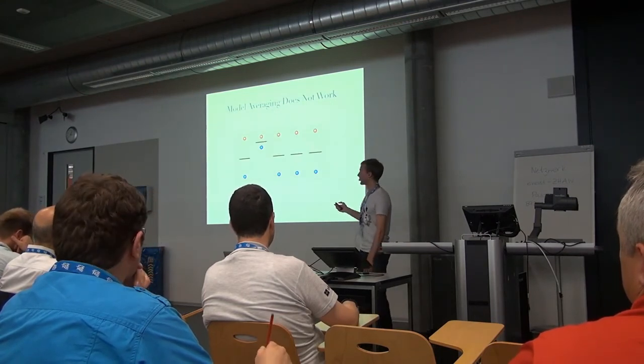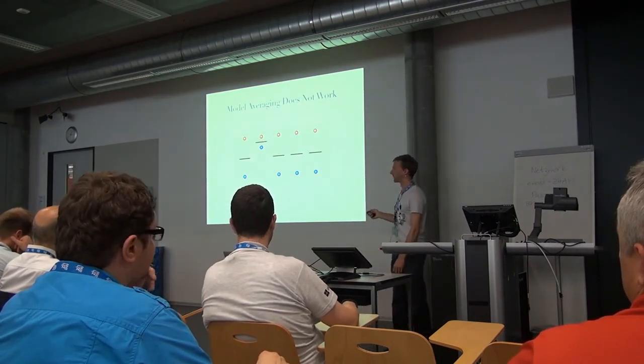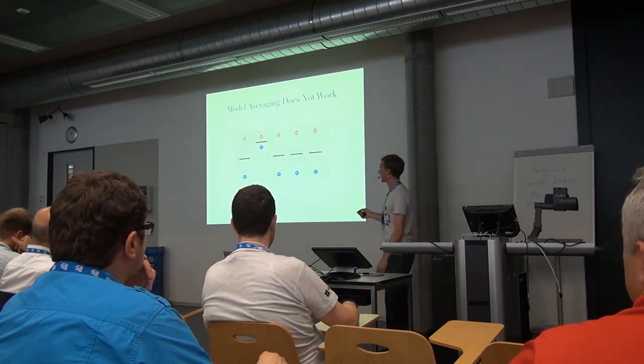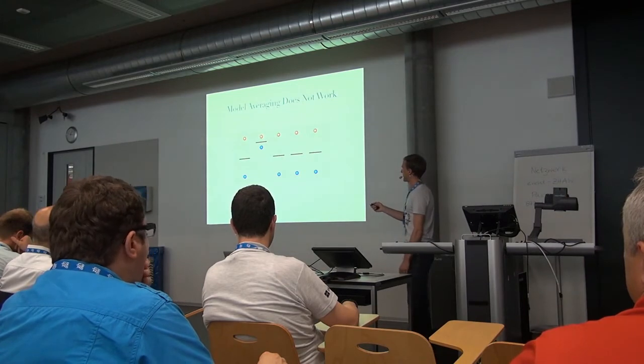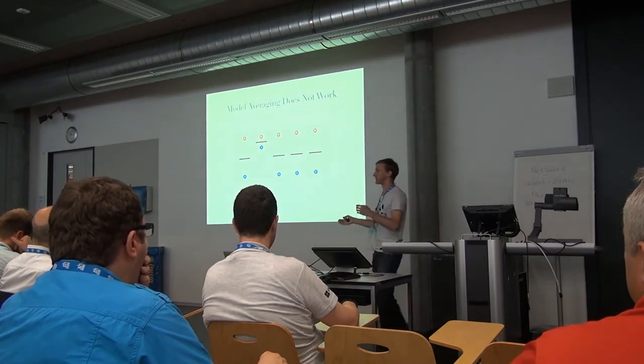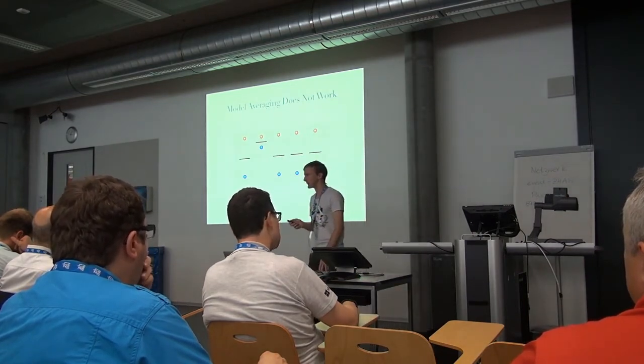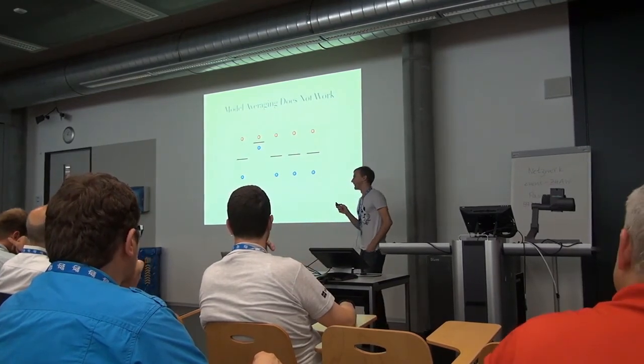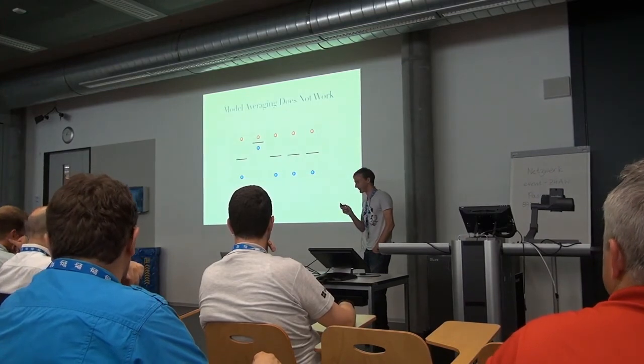If everybody does just 2 data points on these 5 computers, then the average would be somewhere here, but the true best classifier is the one from here, and these machines don't know. So you need to communicate more, but you still want to avoid communication as much as possible.